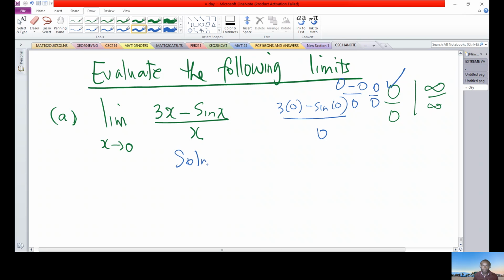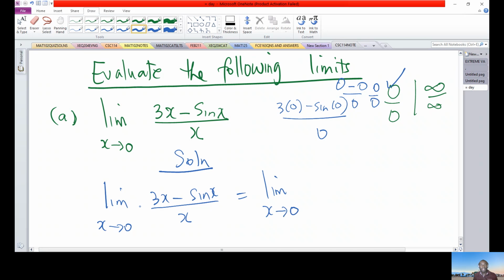One thing you need to remember is that we are not using the quotient rule to do the derivatives. We are just differentiating the numerator function separately and the denominator function separately. So the limit as x approaches 0 of (3x minus sine x) over x is the same as the limit of the derivative of the numerator, 3 minus cos x, over the derivative of x, which is 1.